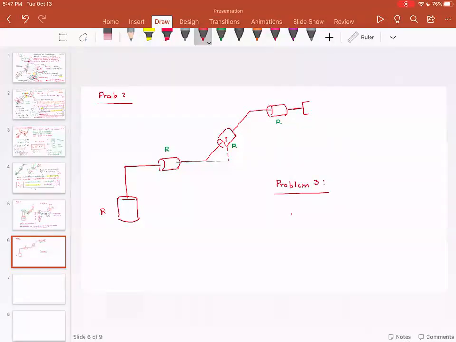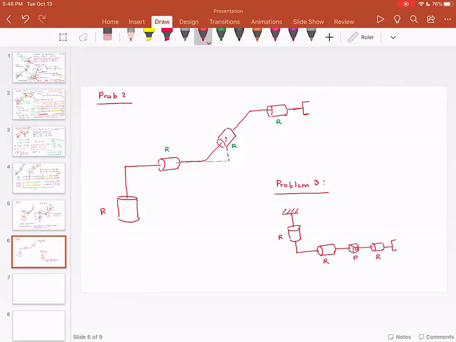In the last problem, you have a revolute joint, then you have another revolute joint, and then you have a prismatic joint, and this prismatic joint is attached to another revolute joint.